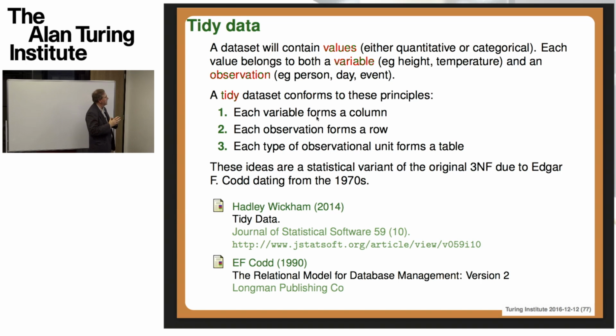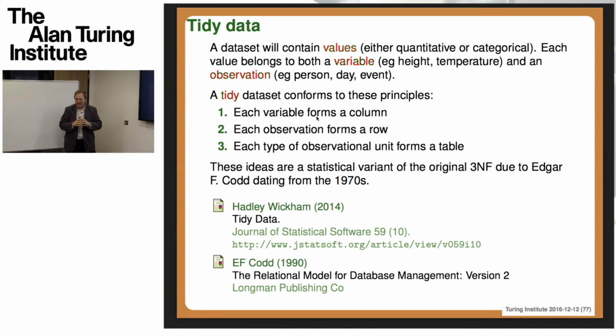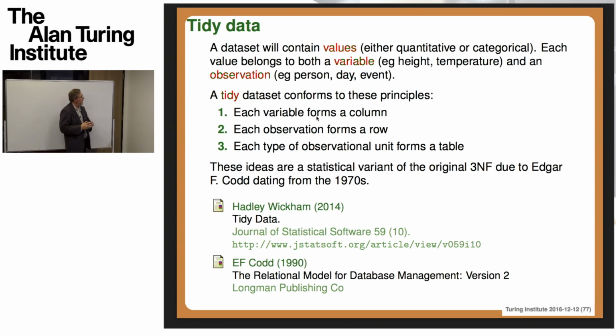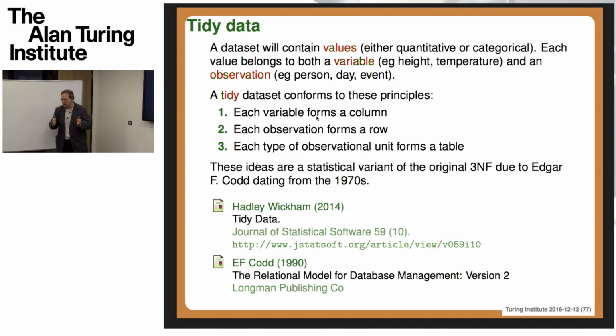But in any case, they're values, and each value belongs to a variable, that could be the height or the temperature and so forth, but it also belongs to an observation. An observation could be the person, the day, the event where the set of variables was measured or obtained.